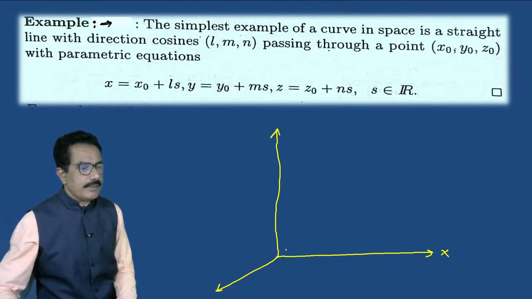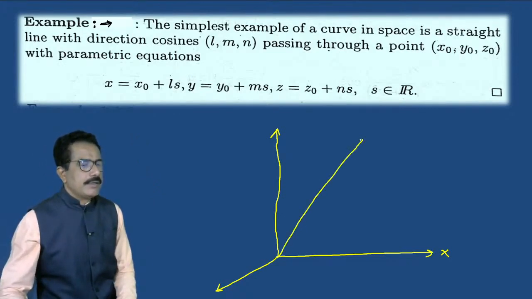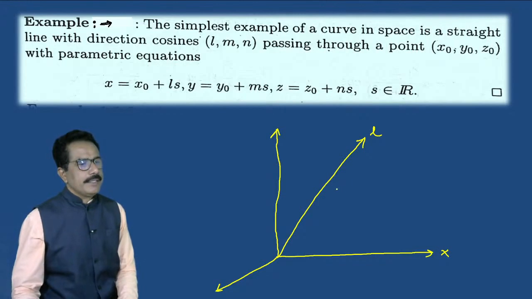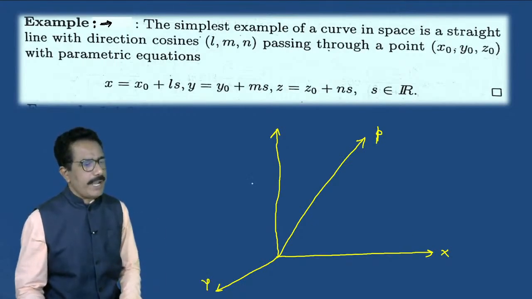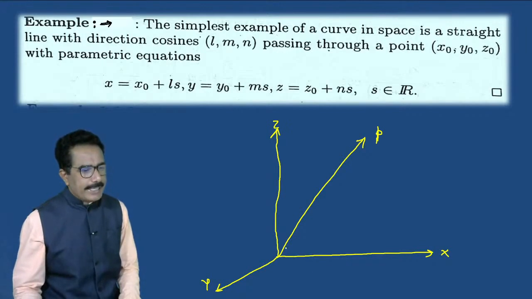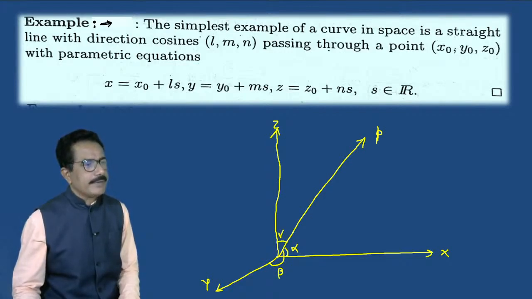Suppose this is a line L. This is the line in 3-dimensional geometry. The angle with the x-axis is alpha, the angle with the y-axis is beta, and the angle with the z-axis is gamma.